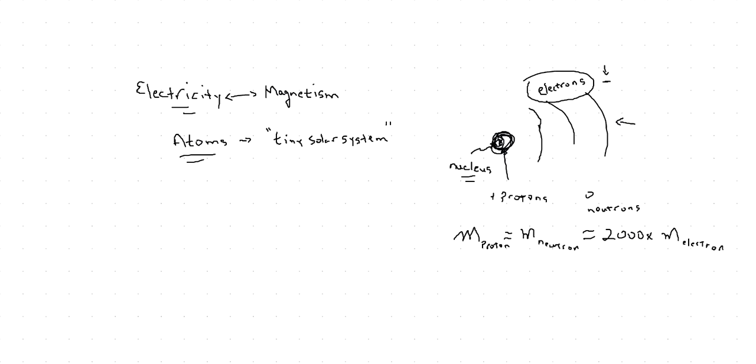So for example, if this is a 1 pound loaf of bread, that would be the electron. A car, which is 2,000 pounds, would be the proton. So protons and neutrons are about 2,000 times more massive than electrons.